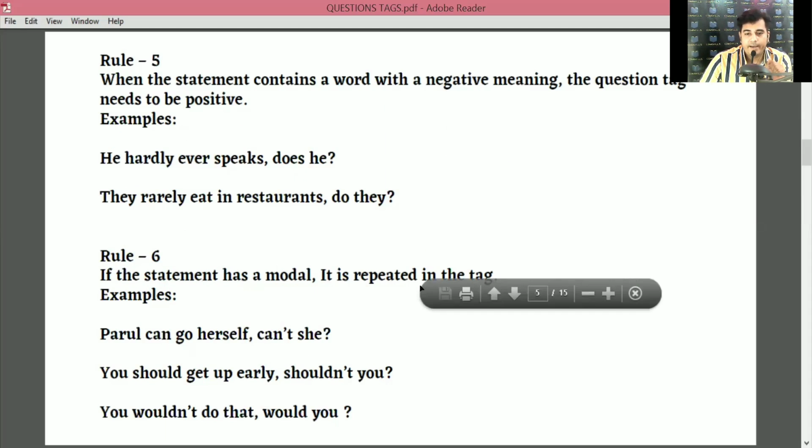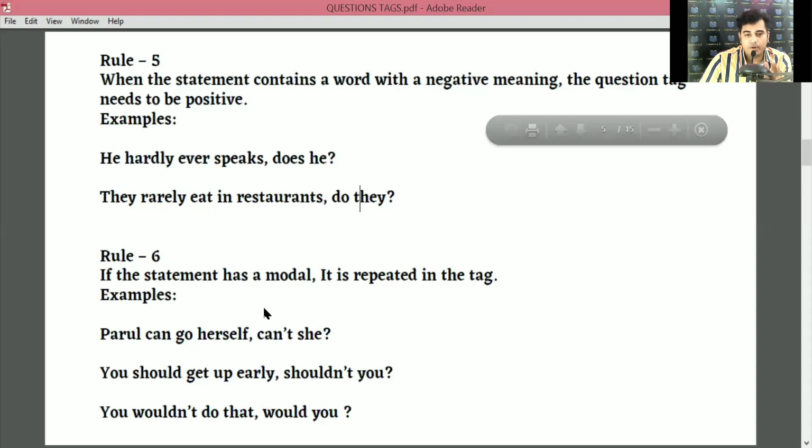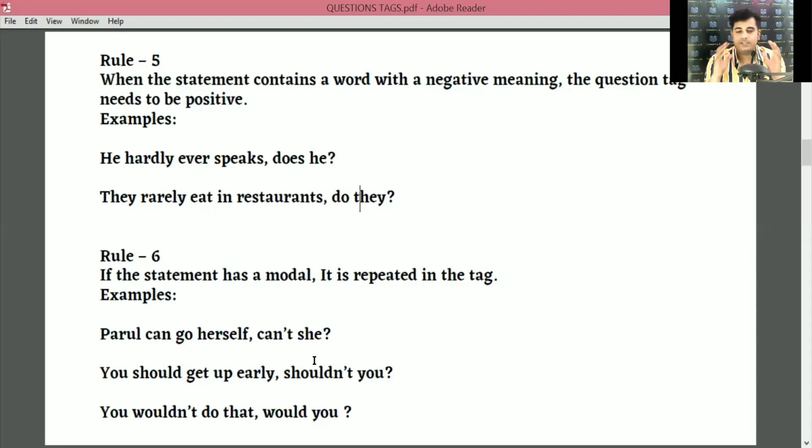Now rule number 6. If the statement has a modal, it is repeated in the tag. Examples: can, should, would, must, these are called the modal verbs. So here we have the examples. Parul can go herself, can't she? You just need to keep one thing in your mind: see the first sentence.